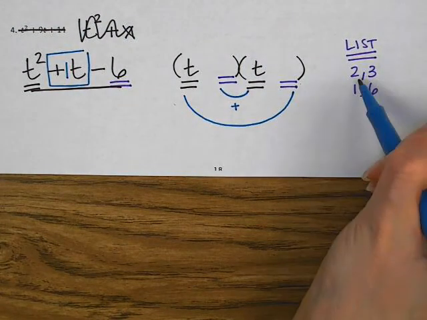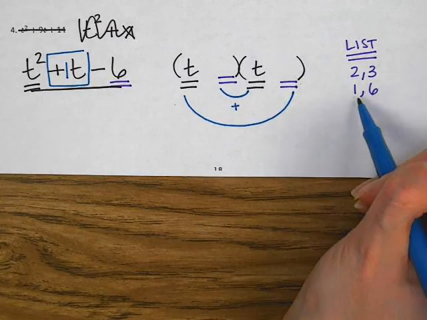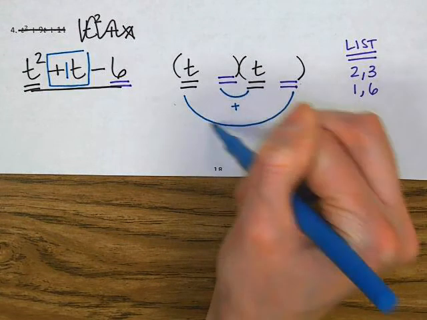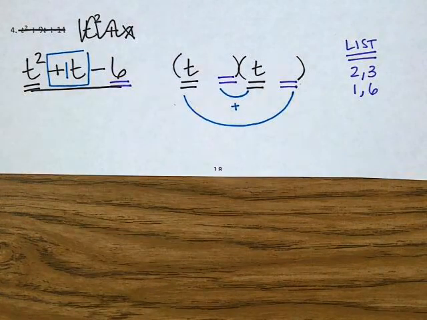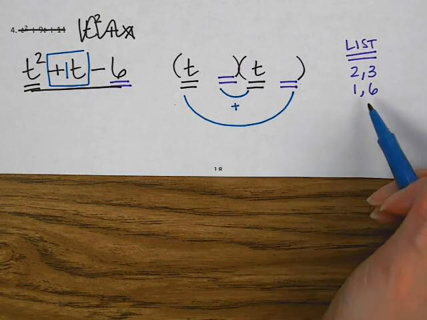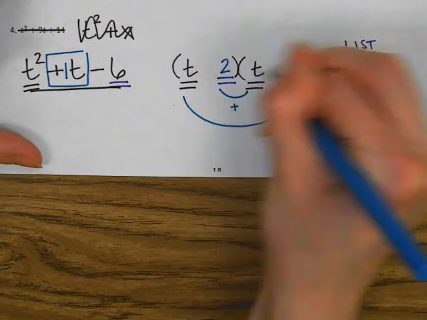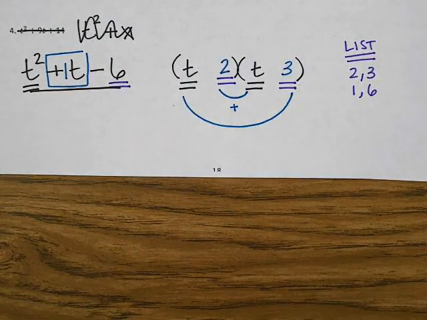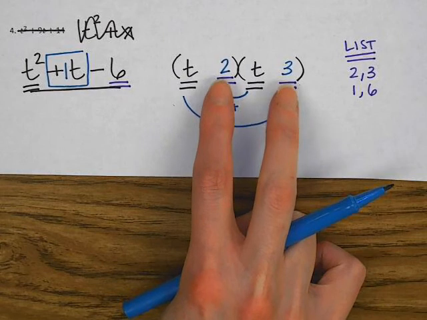What do you guys think it's going to be? Is it going to be 2 and 3 or 1 and 6, if when you add the inners and the outers, it's got to add to 1? Okay, and I would think 1 and 6 isn't going to work. I'm going to try 2 and 3. Now, one of them has to be negative. So which one of these has to be negative?